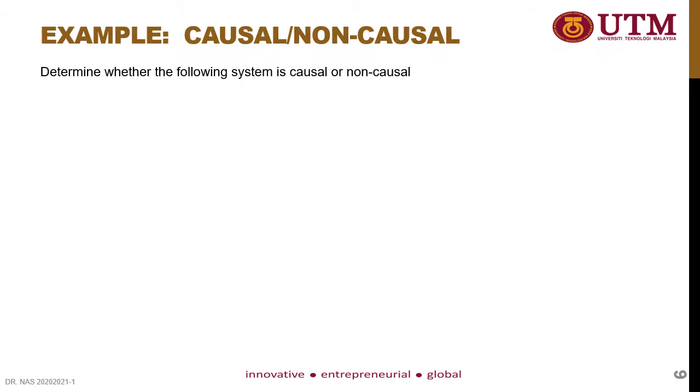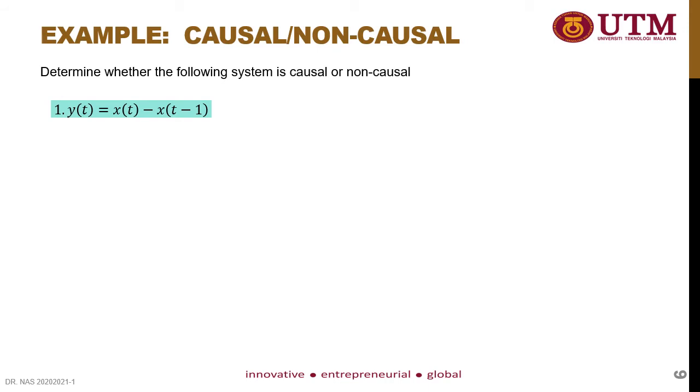Okay, let's look at a few examples of how to identify whether the system is causal or non-causal based on the given equation. Let's look at the first example, given by y(t) equal to x(t) minus x(t minus 1). In order to determine the causality of the system, you need to consider at least three t values: the first one negative, then the current state 0, and then the future state, maybe any positive value.